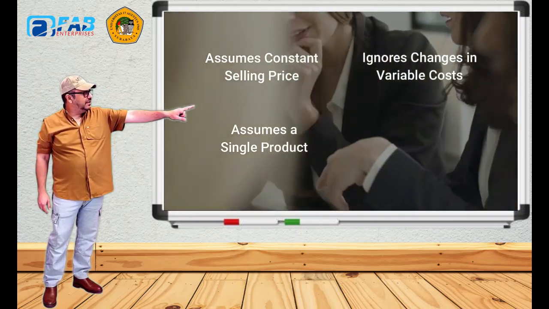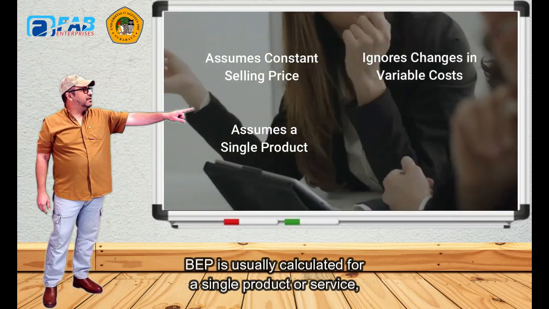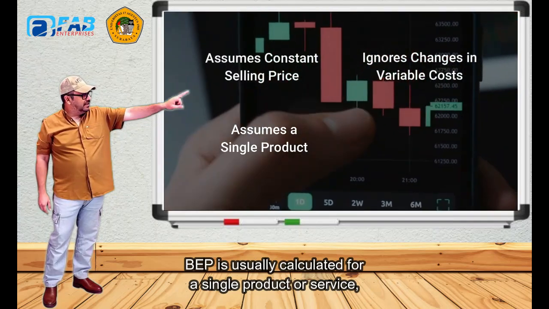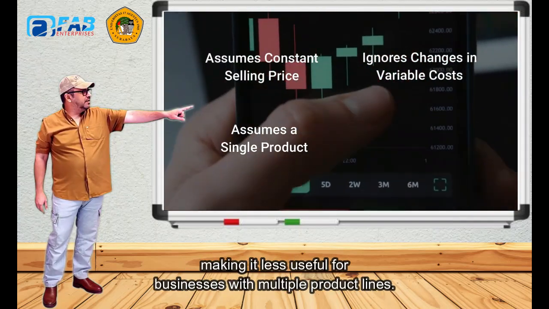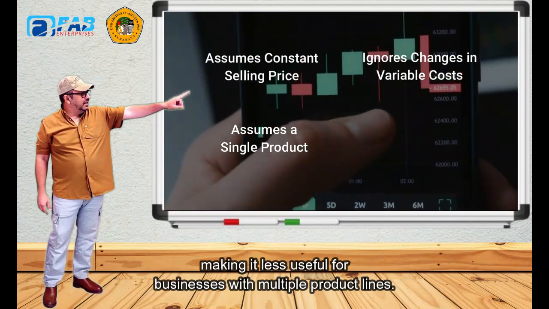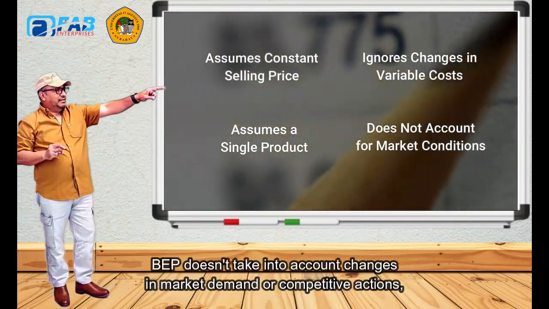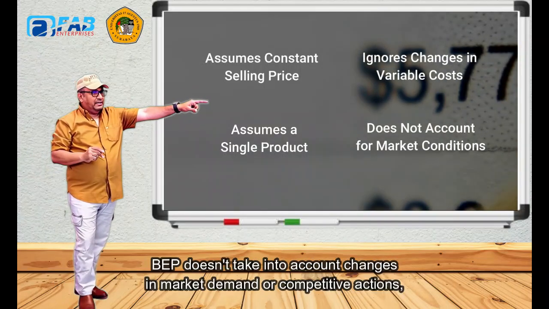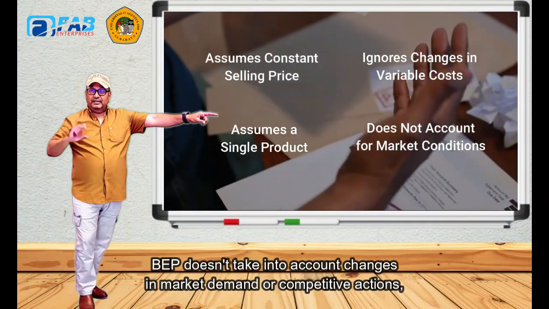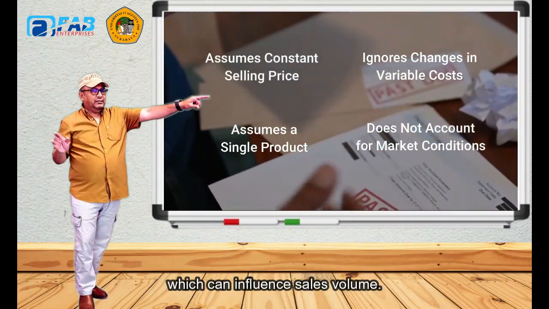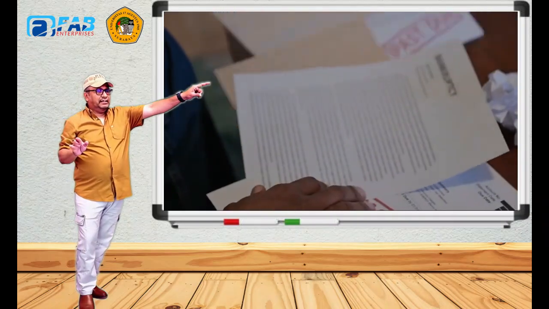Assumes a single product. BEP is usually calculated for a single product or service, making it less useful for businesses with multiple product lines. Does not account for market conditions. BEP doesn't take into account changes in market demand or competitive actions, which can influence sales volume.